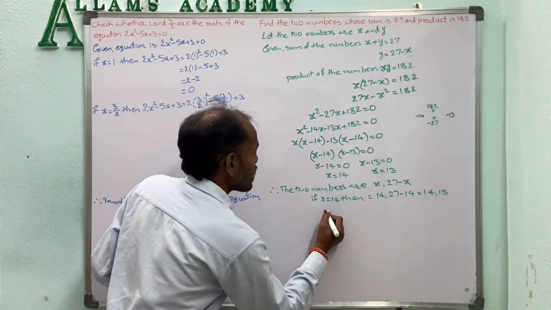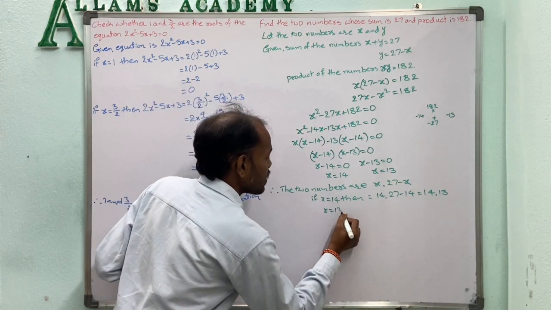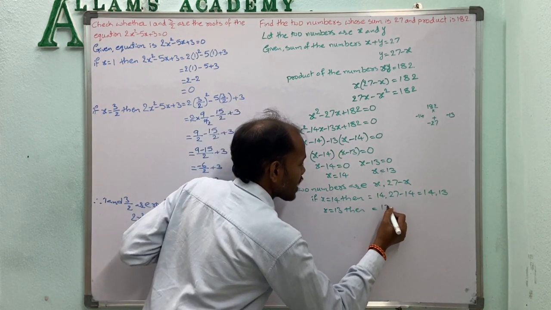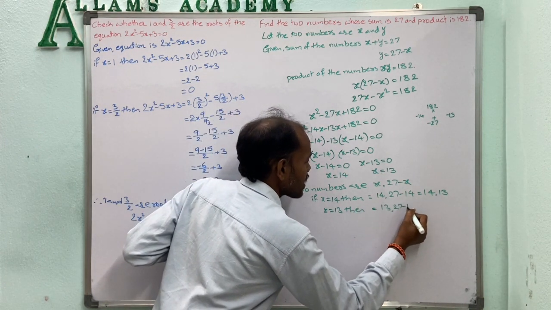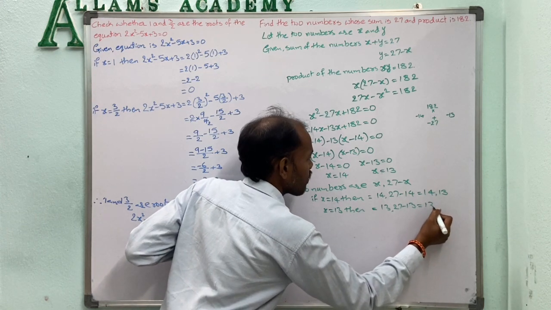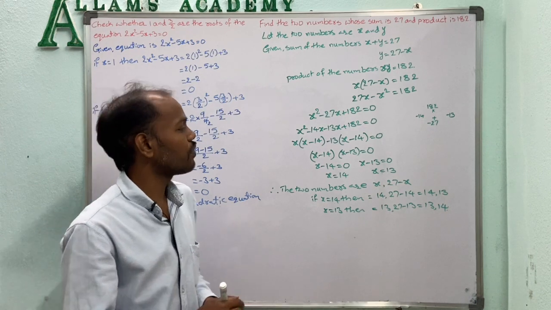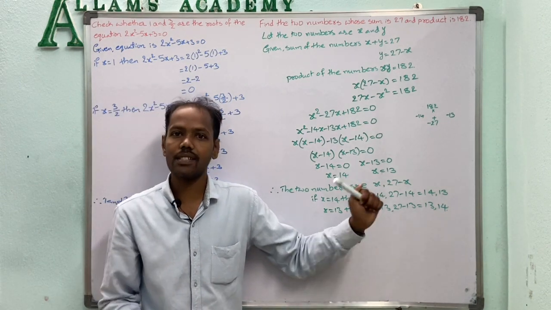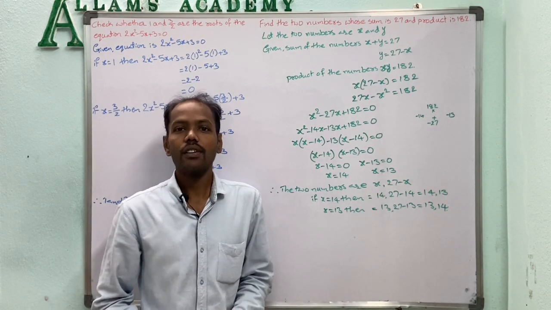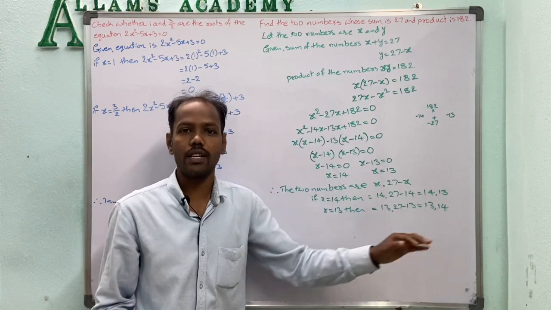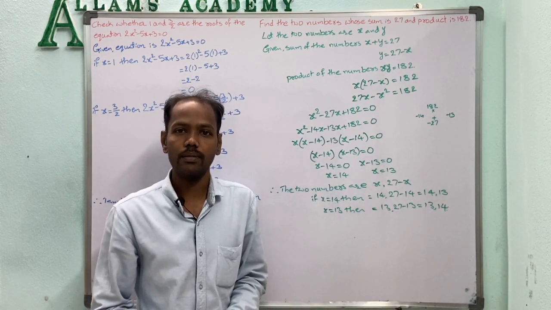If x equal to 13, then the two numbers are 13 and 27 minus 13, and 27 minus 13 equal to 14. That means the two numbers are 13, 14 or 14, 13. Anyway, order aside, they are the same numbers only. So the two numbers 13 and 14, their addition is 27 and their product is 182.